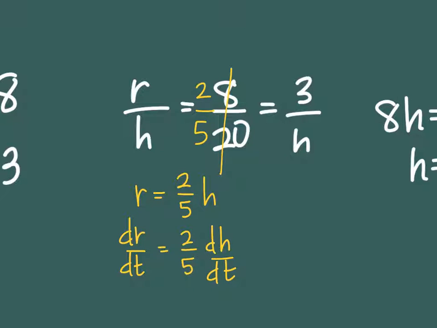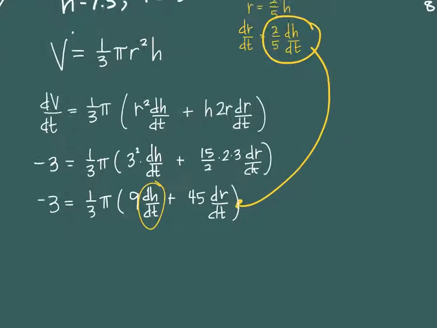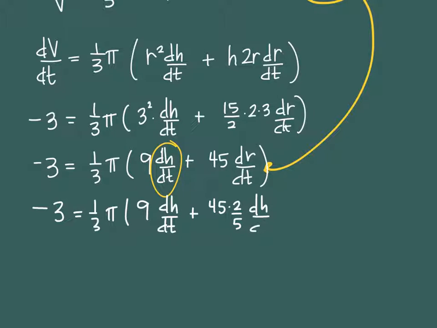That's going to greatly help me out, because now I can substitute it in for dr/dt here. And so that will give me -3 equals 1/3 pi times 9 dh/dt plus 45 times 2/5 of dh/dt. And so that helps me out so much.